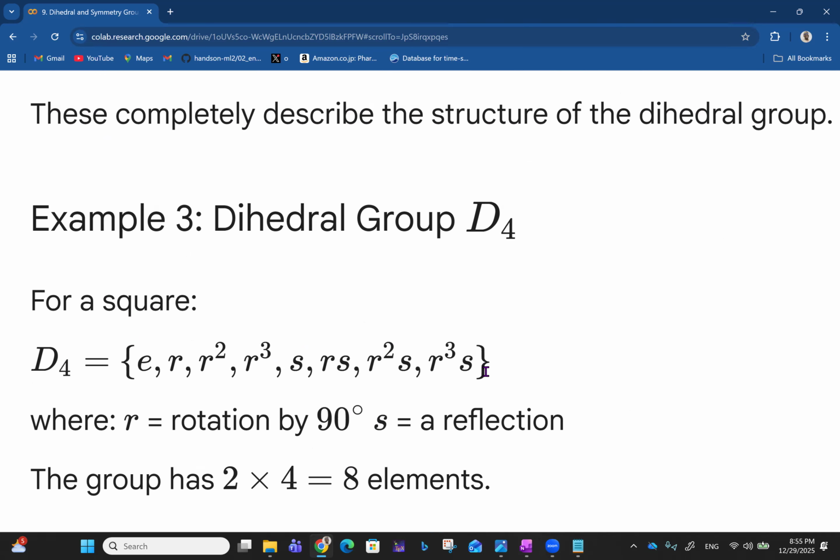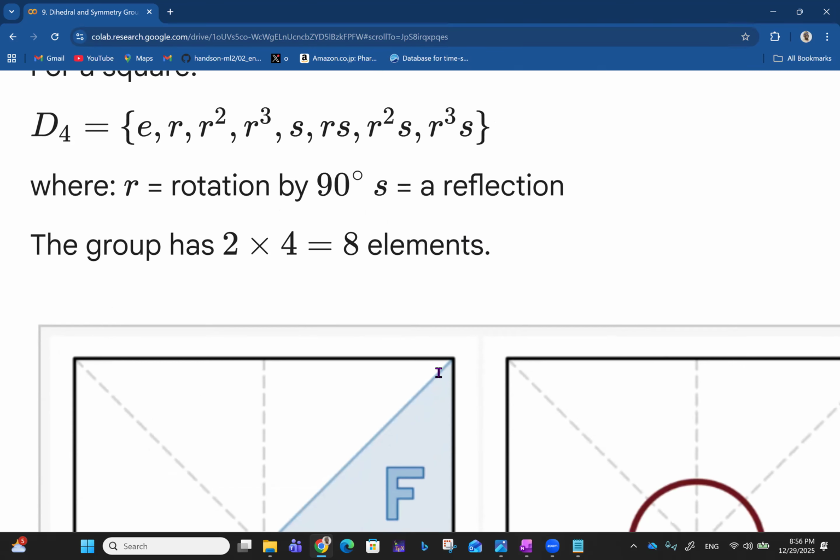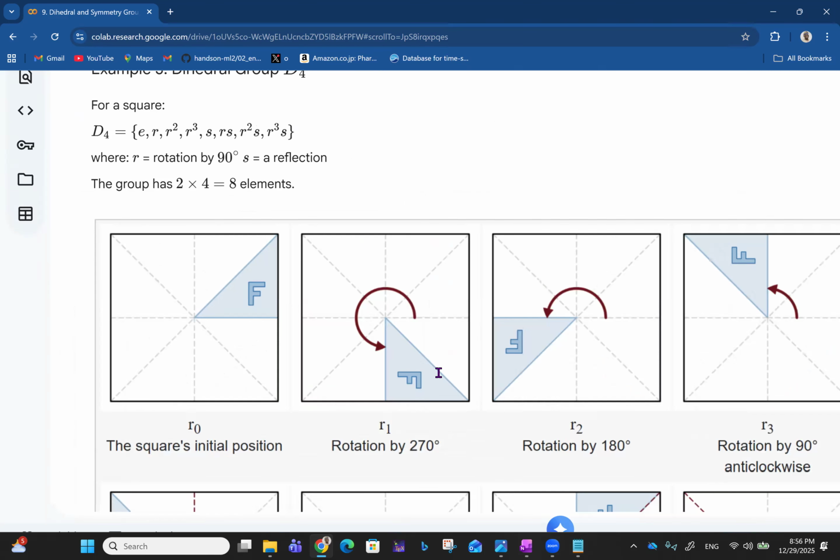Just like I said the other time, this reflection is based on the original, then RS is based on the first rotation, and so on. Here R is rotation by 90 degrees and S is a reflection. So the group has 2 times 4, which is equal to 8 elements, as expected. Let's see a practical example of this now.